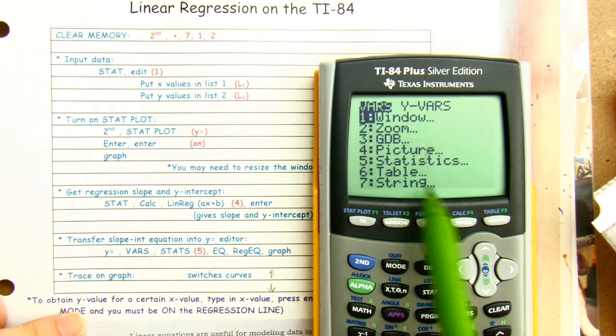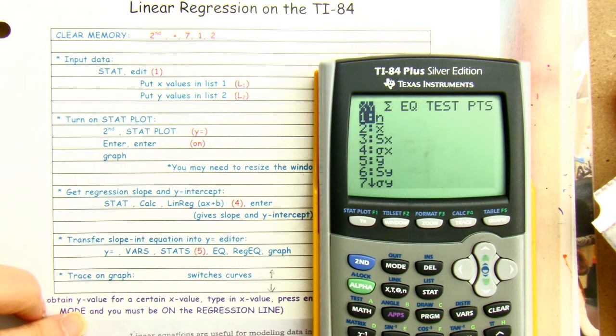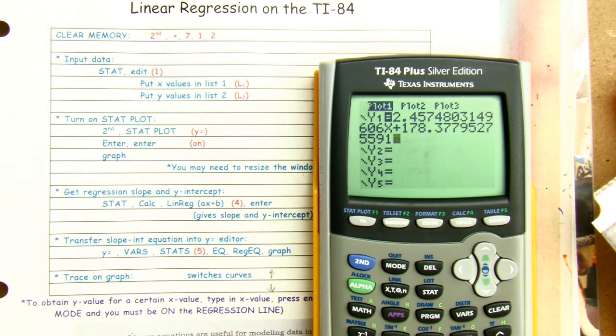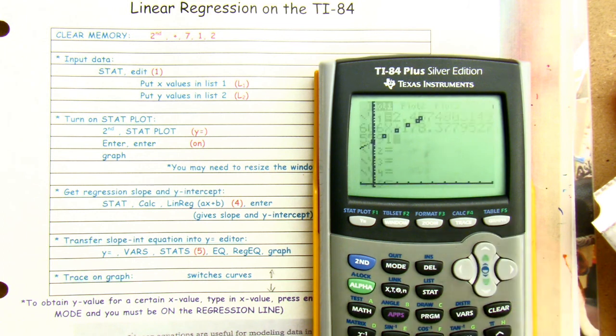And we're working with statistics, so we're going to choose number 5, stats. Equation, arrow over to EQ. We want the regression equation, so hit enter. It dumps it right into the y equals editor for you, and now your calculator is going to draw the line of best fit once you hit graph. There it goes.